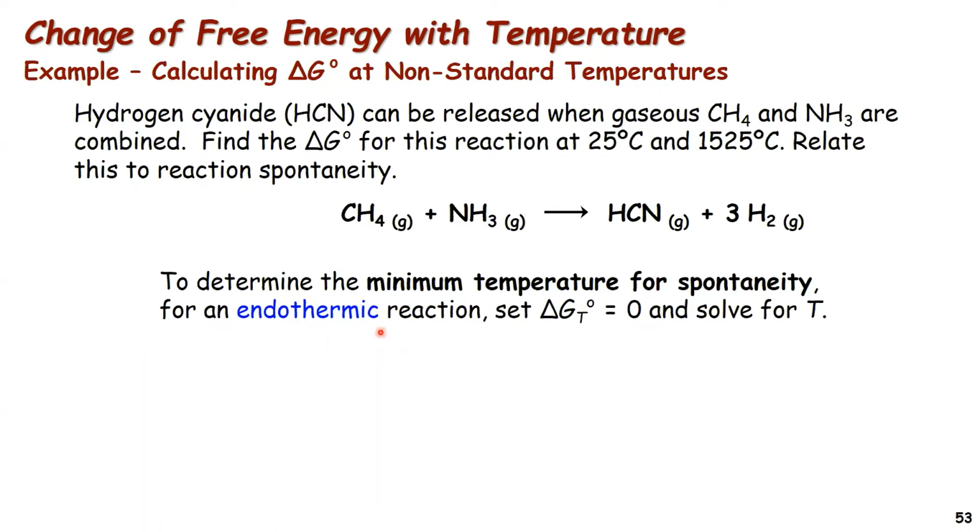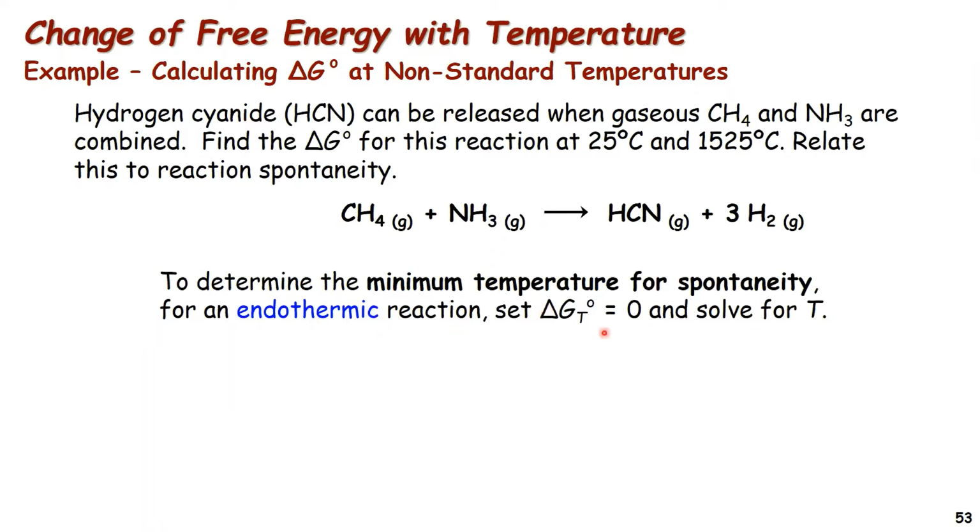So if I have an endothermic reaction, I'm calculating the minimum temperature for spontaneity. We could also do this for an exothermic reaction, but if I do it for an exothermic reaction, we're actually calculating the maximum temperature of spontaneity. So this is endothermic, so we're calculating the minimum temperature for spontaneity.